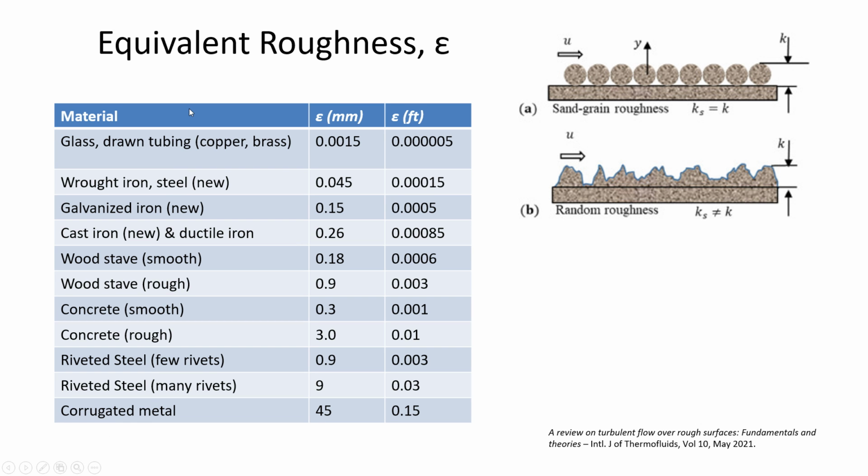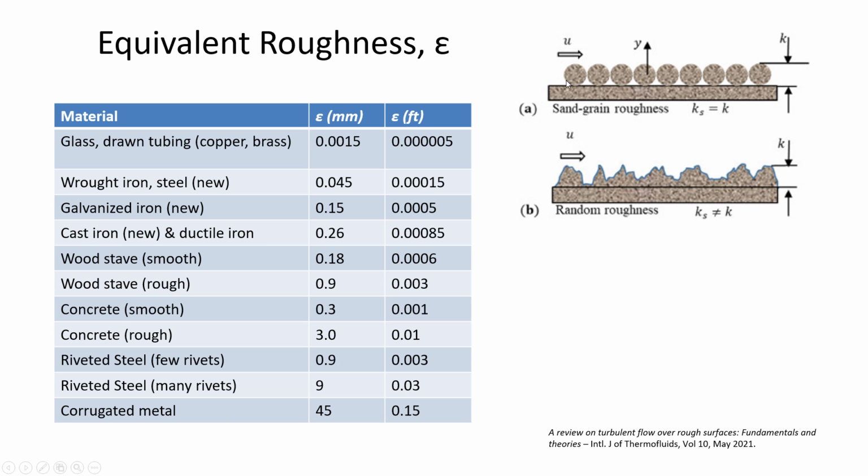Pipes are characterized by how rough they are, and the equivalent sand roughness is given units of length. And the rationale for that is, actual materials like wrought iron or concrete have irregular surfaces, effectively random, but we estimate how rough they are by expressing it in terms of what if there was some sand that was adhering to a pipe.